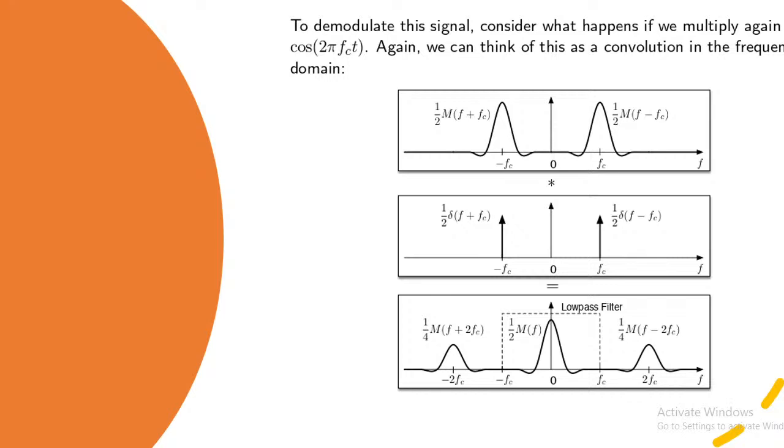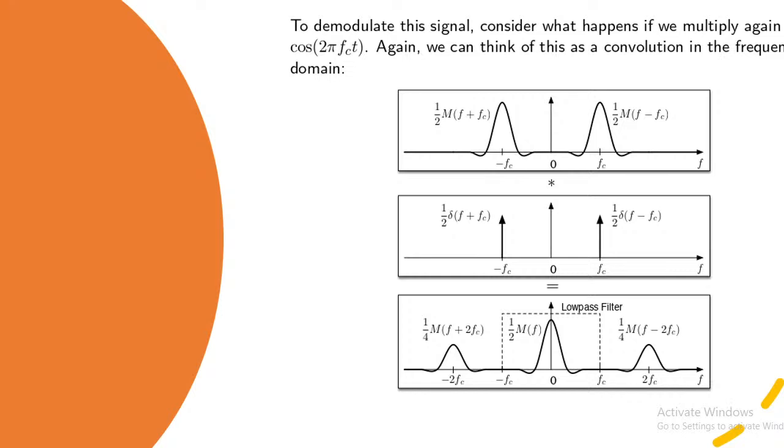Let us first look at the plus fc part. At plus fc, you have half M(f minus fc) from the message signal, and for the carrier signal, we have delta(f minus fc) at plus fc. When you convolve them, this half M(f minus fc) will be shifted to two sides, and the amplitude will become half again.